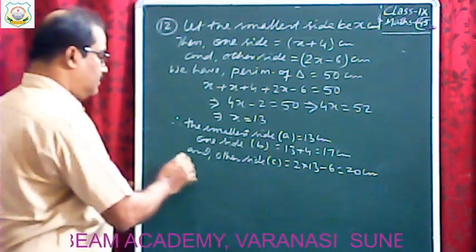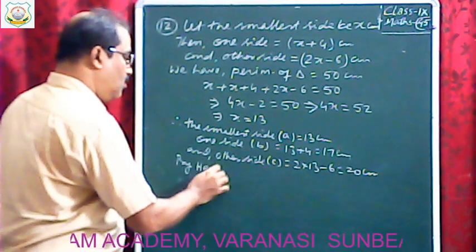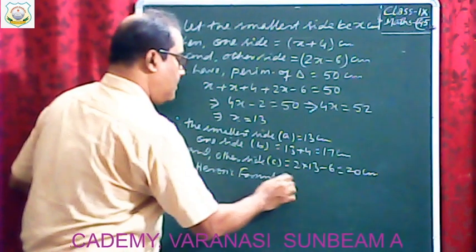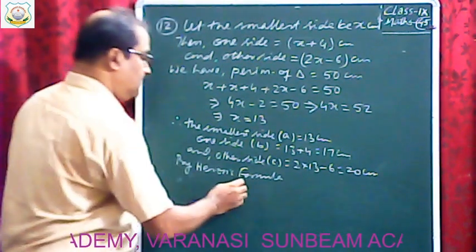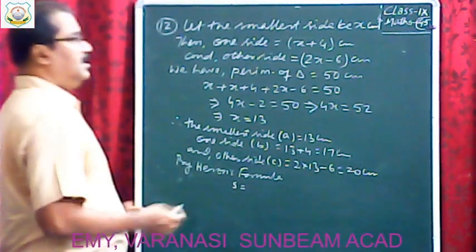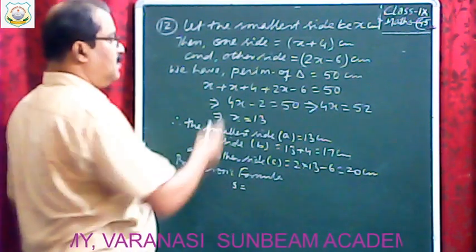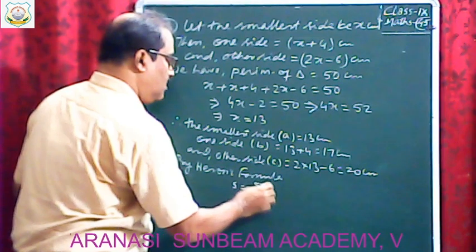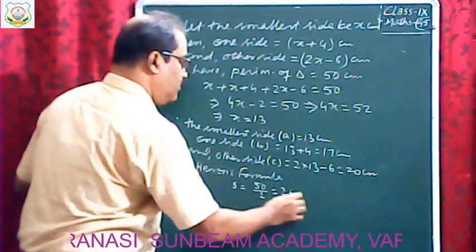So by Heron's formula, S equal to, you know, the semi-perimeter. The perimeter is given, how much? That is 50. So 50 by 2, 25.